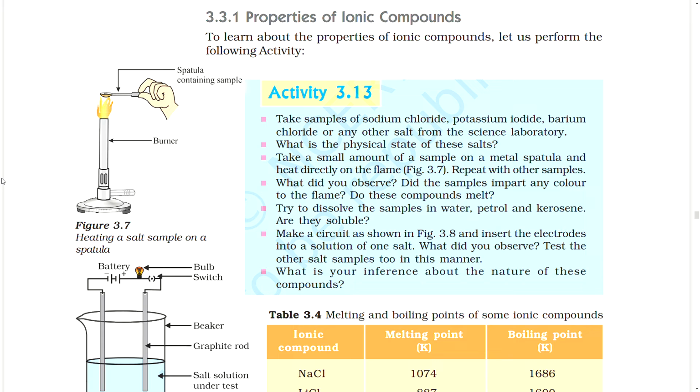What is the physical state of these salts? Take a small amount of a sample on a metal spatula and heat directly on the flame. Repeat with other samples. What did you observe? Did the samples impart any color to the flame? Do these compounds melt? Try to dissolve the samples in water, petrol, and kerosene.